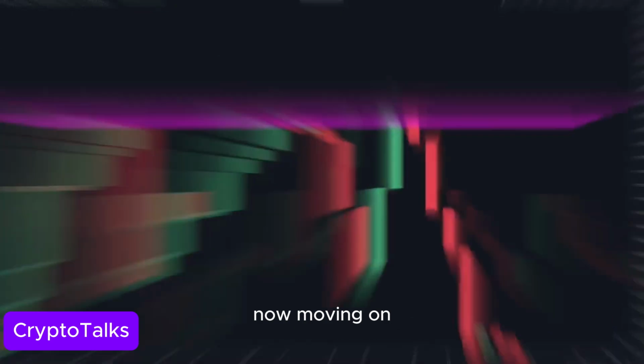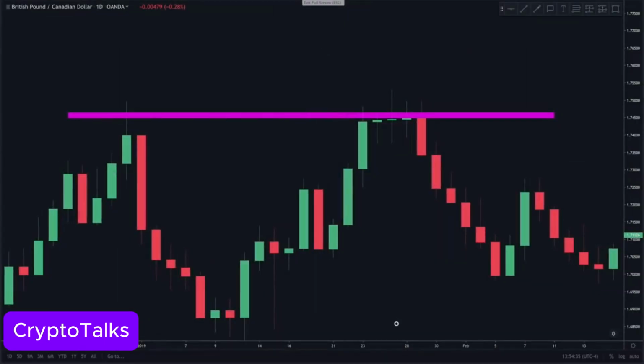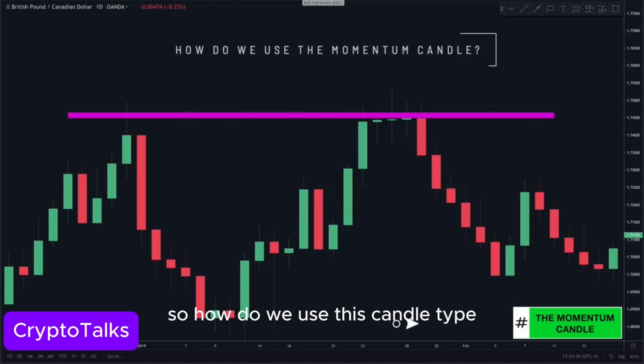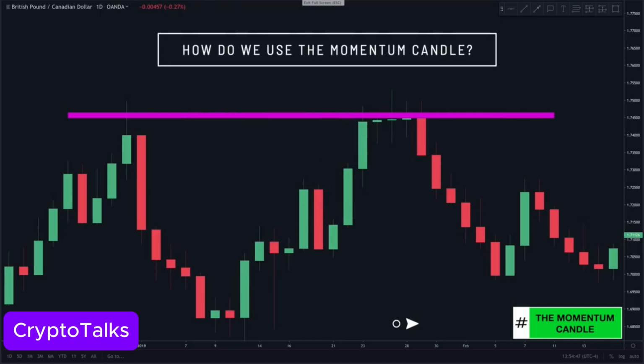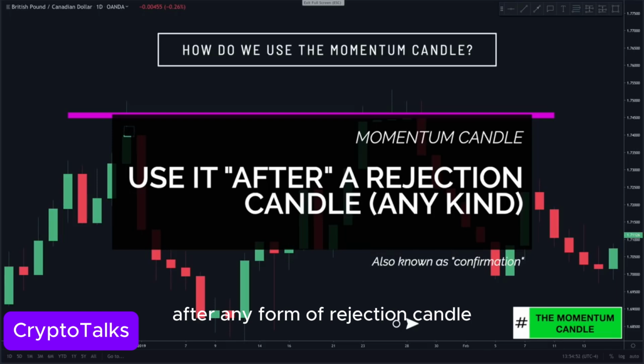Now moving on. So the third candle type we look for is what we call a momentum candle. A momentum candle looks like this, showing a gain in momentum. So how do we use this candle type? We like to use the momentum candle after a long wick candle or after an inside bar.